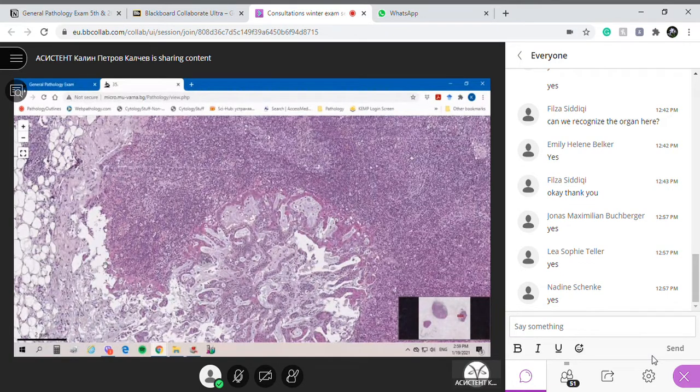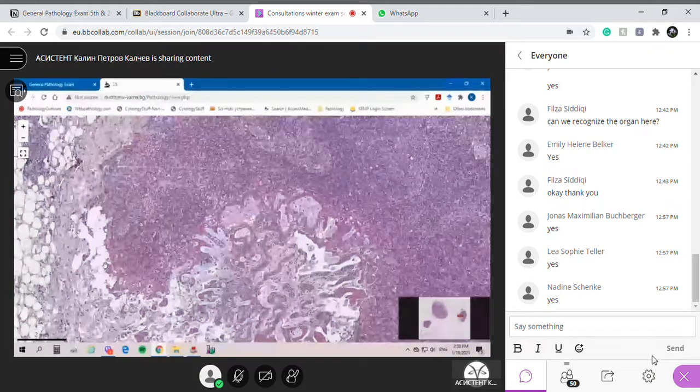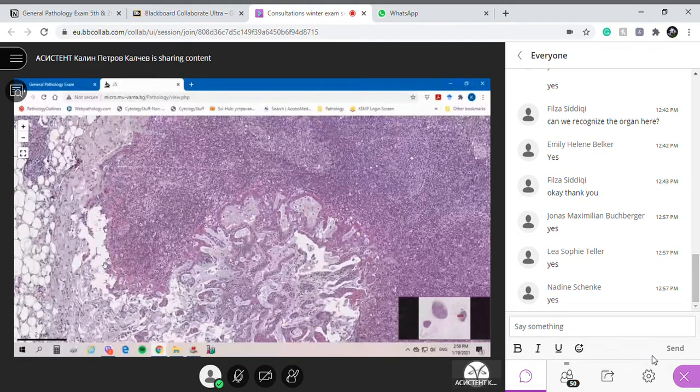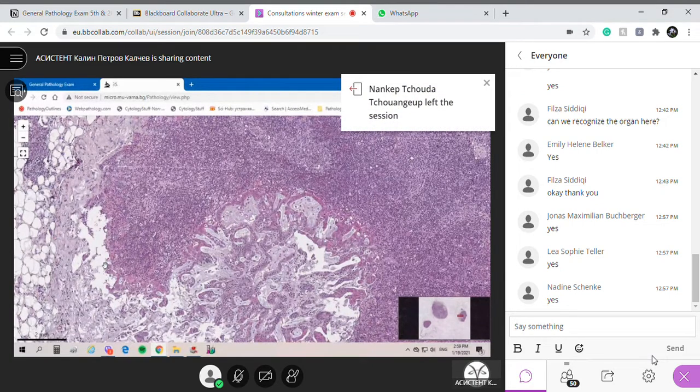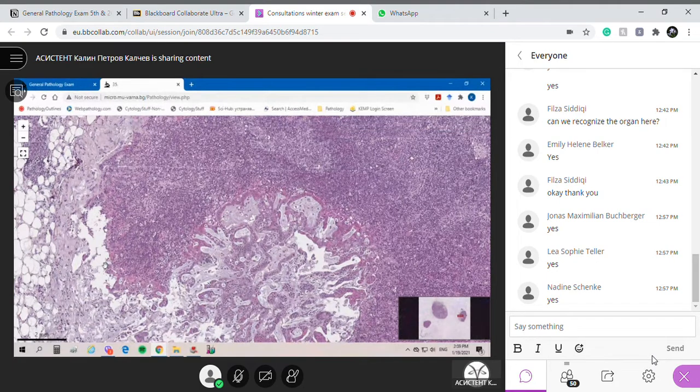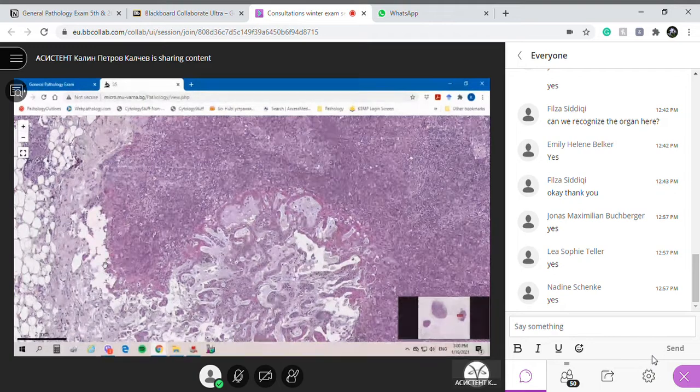So the tumors usually grow and make metastasis in the regional lymph nodes and later on in distant lymph nodes. If we have a metastasis in the regional lymph node, we define that as N1. If we have a metastasis in a non-regional lymph node, for example, we have a cancer of the colon, but we have a lymph node in the neck, for example, that means not regional lymph node.